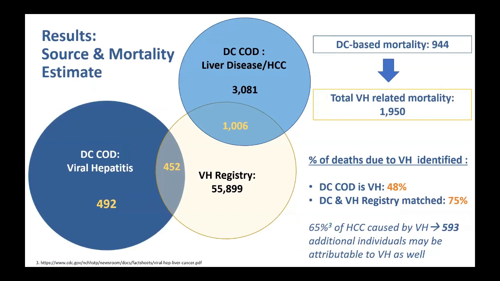So by using the death certificate alone, we only accounted for 48% of deaths caused by viral hepatitis. And by excluding individuals who were not in our registry after the match, we accounted for 75% of the total deaths attributed to viral hepatitis. In addition, according to the literature, 65% of hepatocellular carcinoma is caused by viral hepatitis, so there is probably 593 additional individuals who may have a cause of death attributed to viral hepatitis.